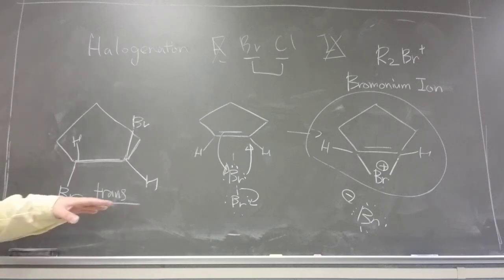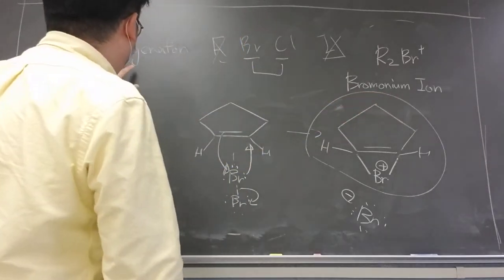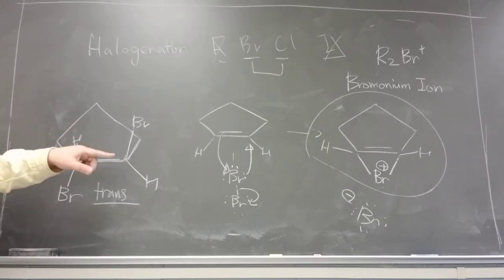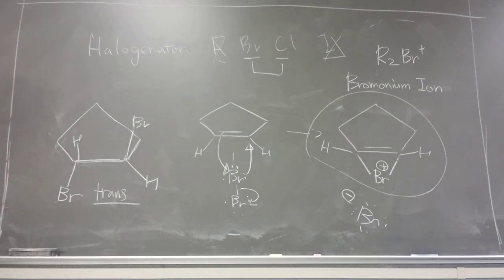Because of the formation of the bromonium ion, in a halogenation process, the halogens are going to be added onto the double bond in opposite directions, right? You see that, right?